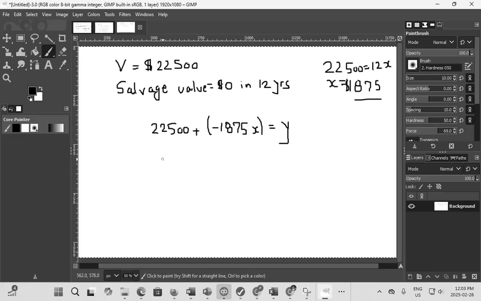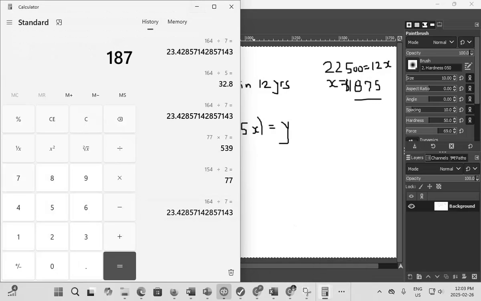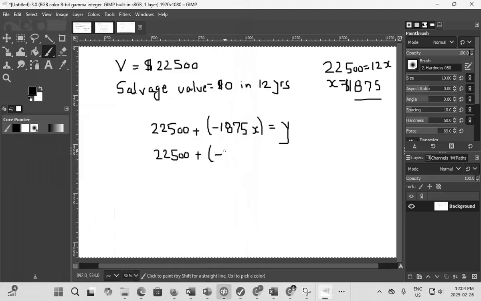Okay, the value of the new van, 22,500. We need the figure for 8 years. So 1875 times 8. This value will be $15,000. So this is negative $15,000 equals value of the van, or y.